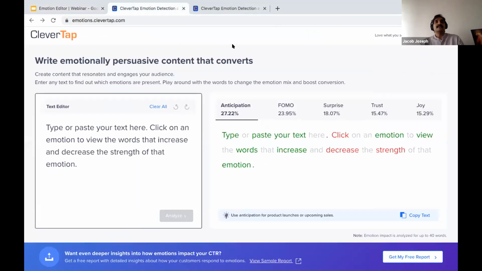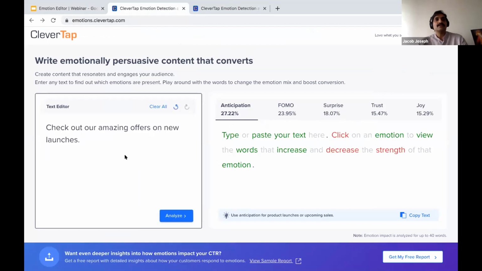So you land up on emotions.CleverTap, and this is the emotion editor on which you can type out your message. So let's take an example. So this is the example.